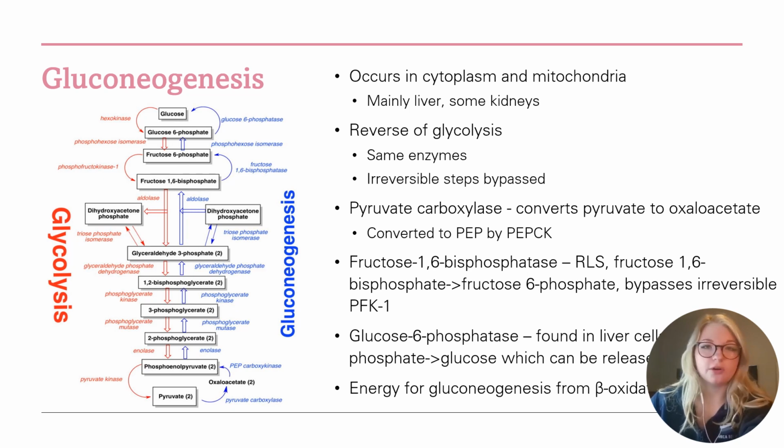Thus, in order for our body to bypass these steps, our body has to utilize different enzymes. The first important enzyme to consider in gluconeogenesis is pyruvate carboxylase, which is induced by acetyl-CoA. This step is important in the body's regulation of glucose levels. When acetyl-CoA levels rise, it means that the body has enough energy and need not continue the process of glycolysis.